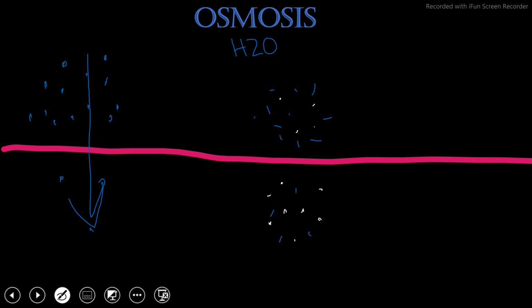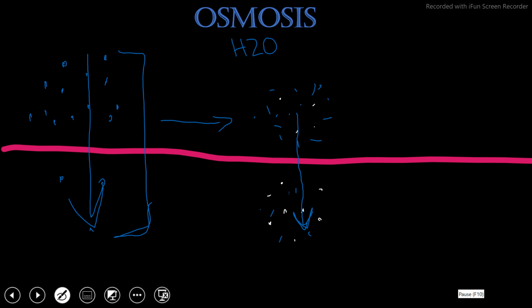So now the water is going to want to move from the low concentration of solute to the high concentration of solute, so it can dilute the high concentration of solute. But as you can see right next to it, our first way of understanding osmosis is still happening over here. You see the high concentration of water molecules to the low concentration of water molecules.